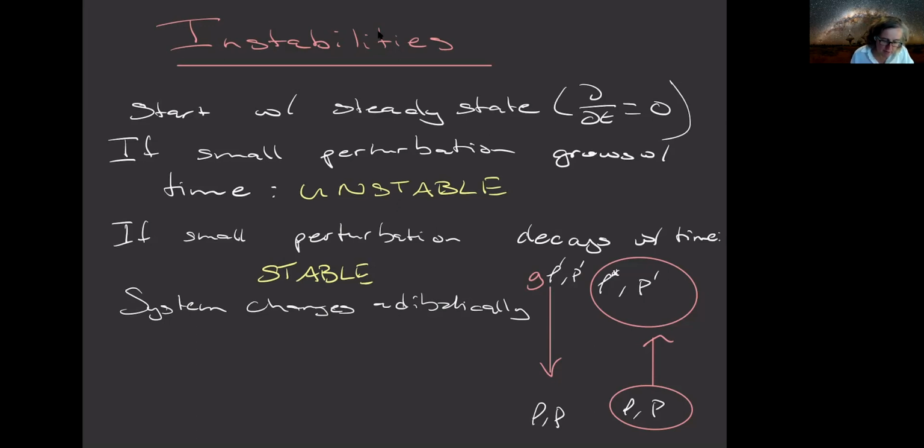Okay, so if rho star is less than rho prime, then the perturbed element is buoyant, and therefore the system is unstable.